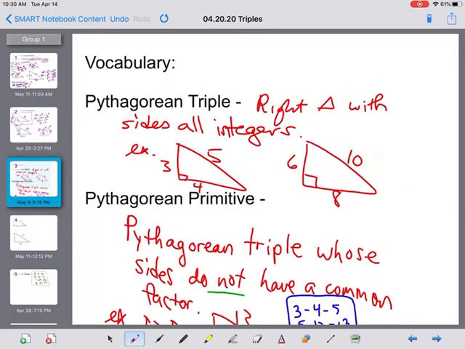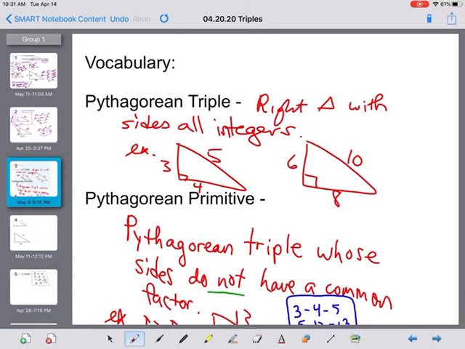So open to your vocab list. You're going to add in Pythagorean triple, which is a right triangle whose sides are all whole numbers or integers. So 3, 4, 5, 6, 8, 10, those were triples. 5, 12, 13.